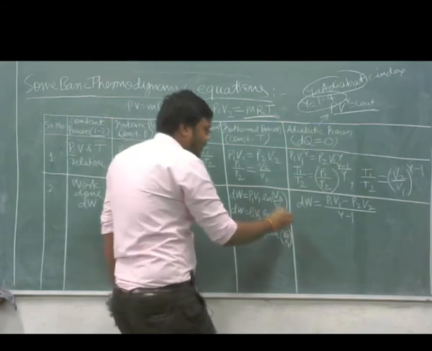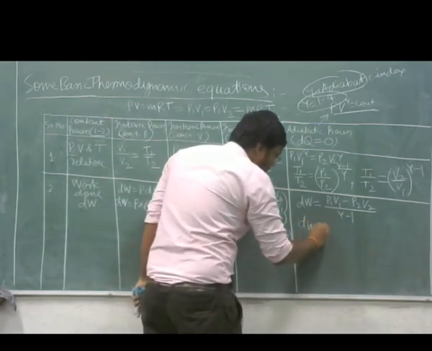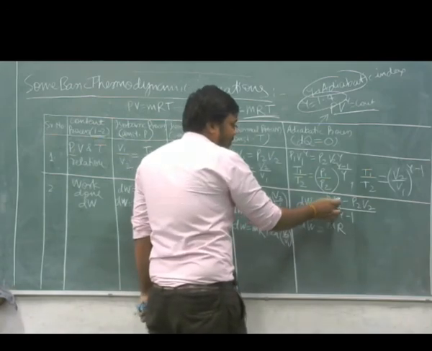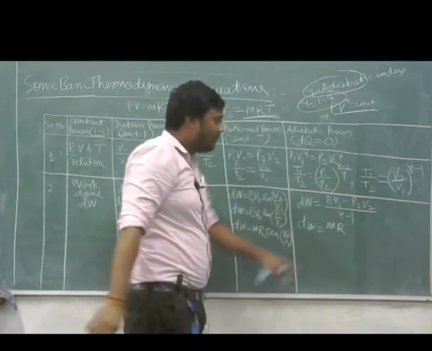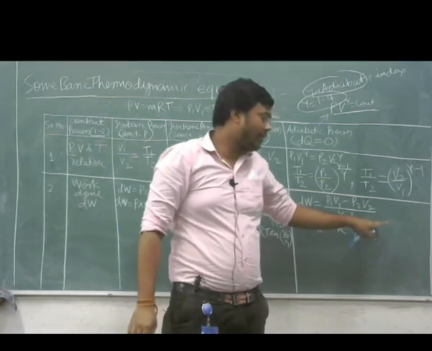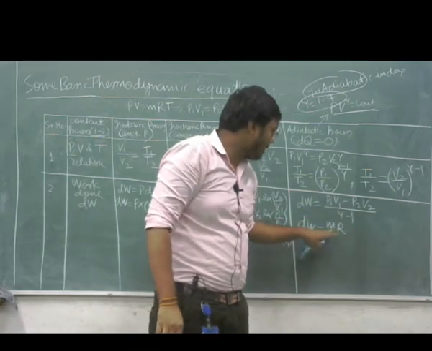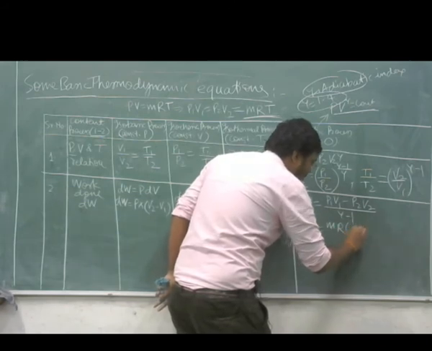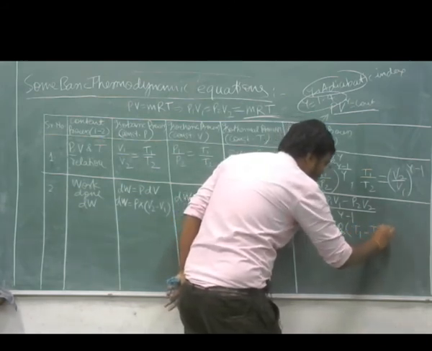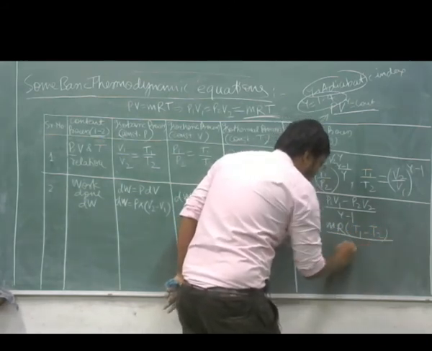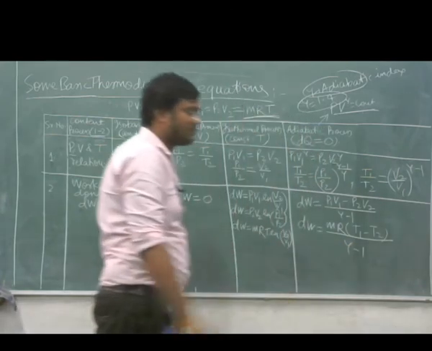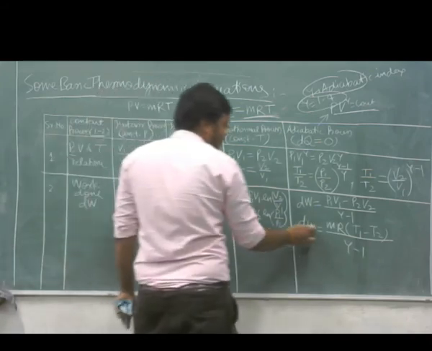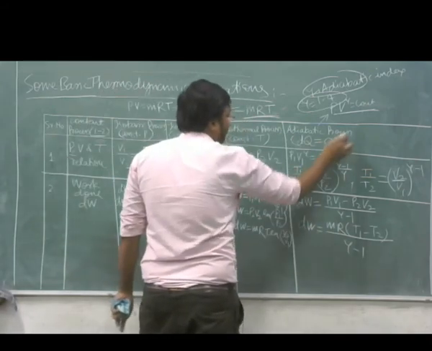So here you can write dW equal to MR, where P1 V1 is equal to MRT1 and P2 V2 equal to MRT2. MR we can take common, so you can write (T1 minus T2) by (gamma minus 1). So this is the second equation for work done for the adiabatic process.